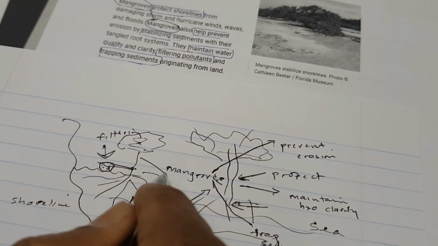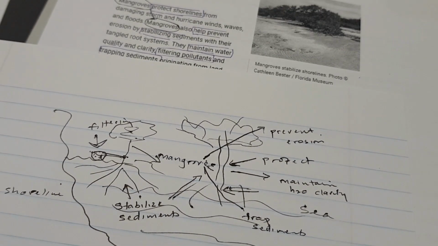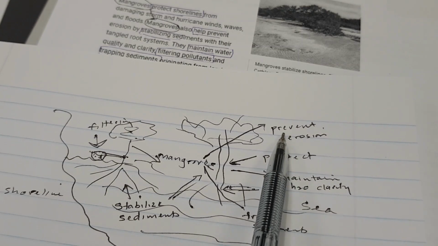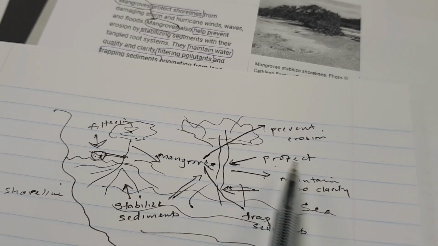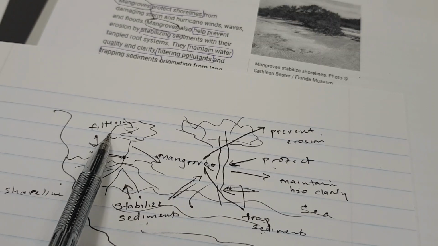Do you see what is happening? Do you see what we have? Look at what we did by focusing on the verbs. This is what a mangrove does. It prevents erosion, it protects, it maintains water clarity, it traps sediments, it stabilizes sediments, it filters pollutants.